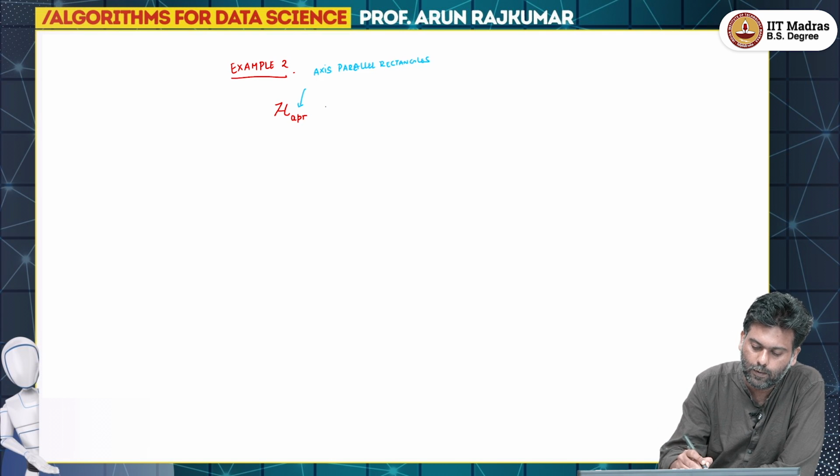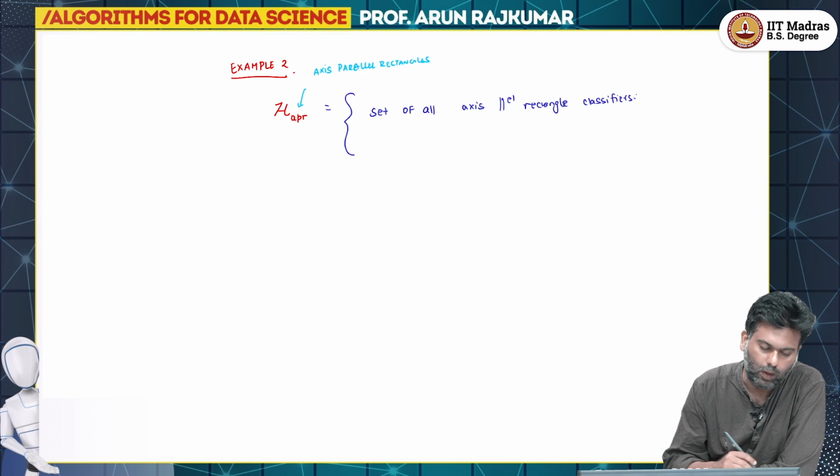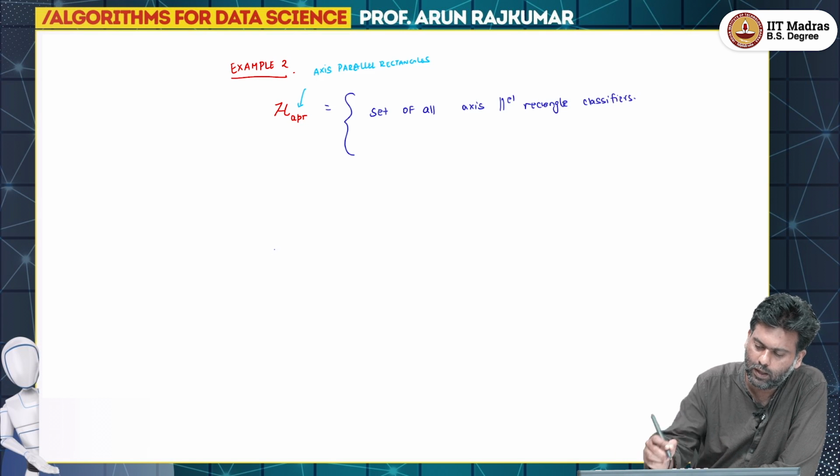So, this is basically the set of all axis parallel rectangle classifiers, and I will tell you what that means in a minute. Okay. So, what is an axis parallel rectangle classifier?